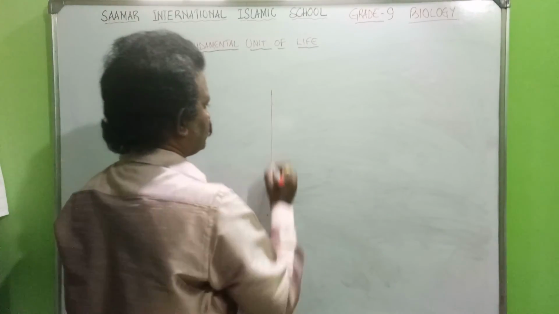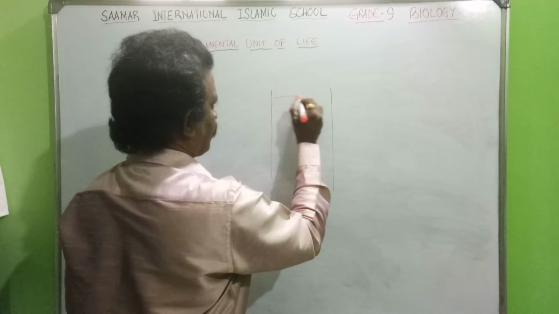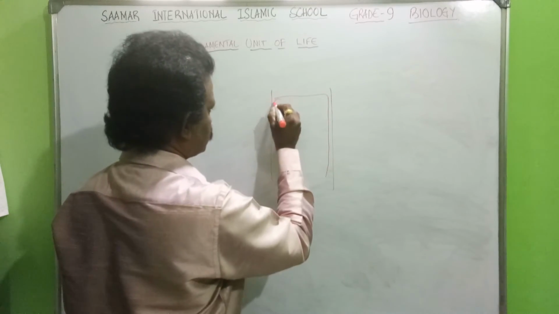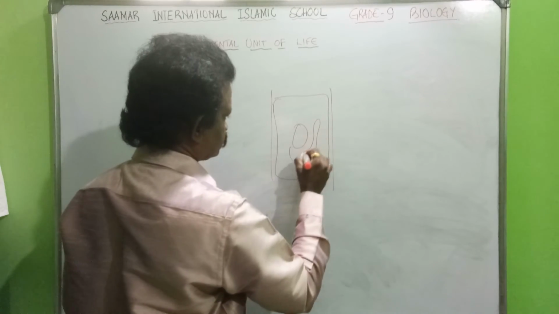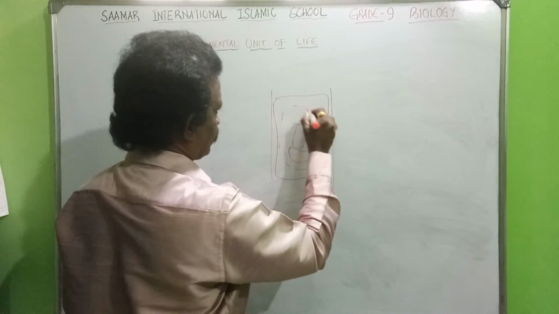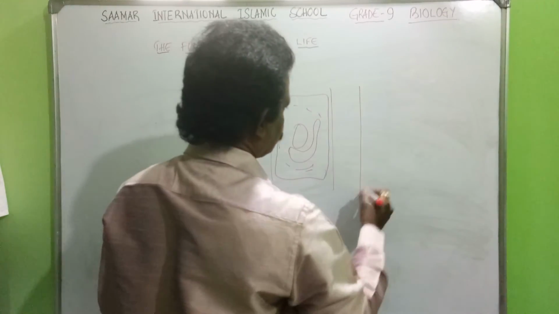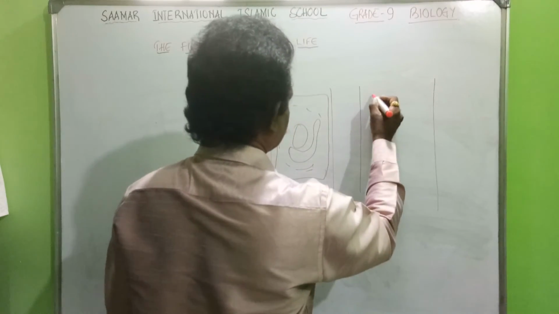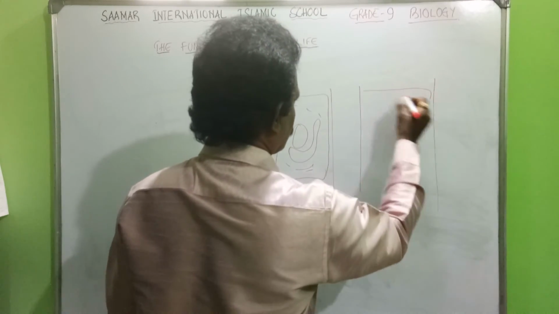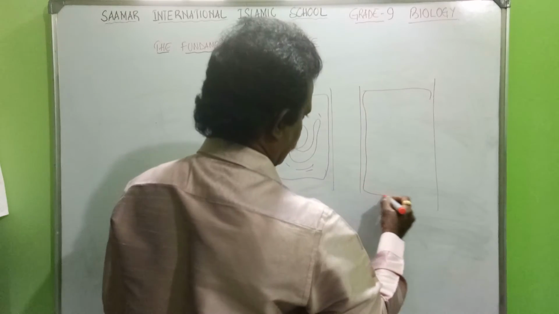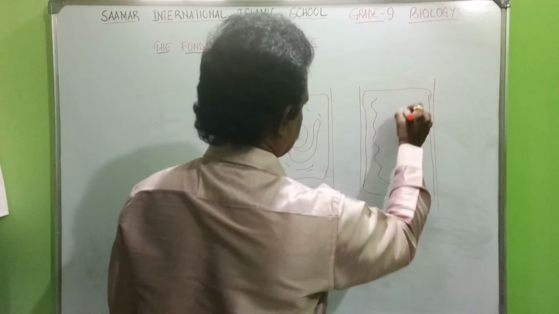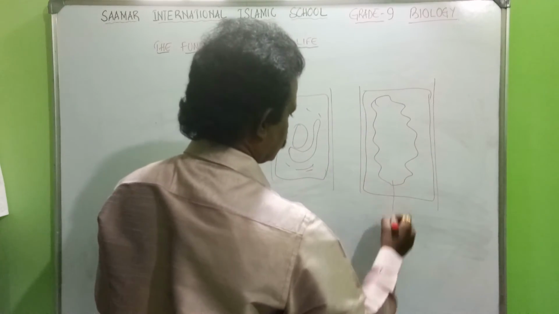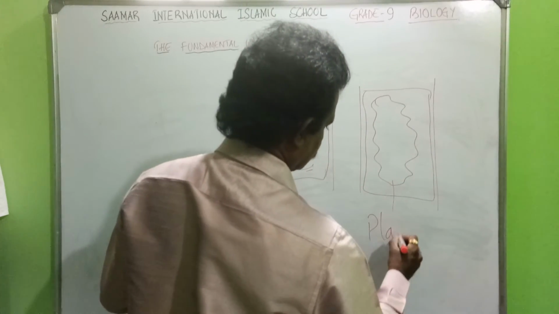Now I'll draw this and show you. This is a normal cell. If the cell is shrunk, this is called plasmolysis.